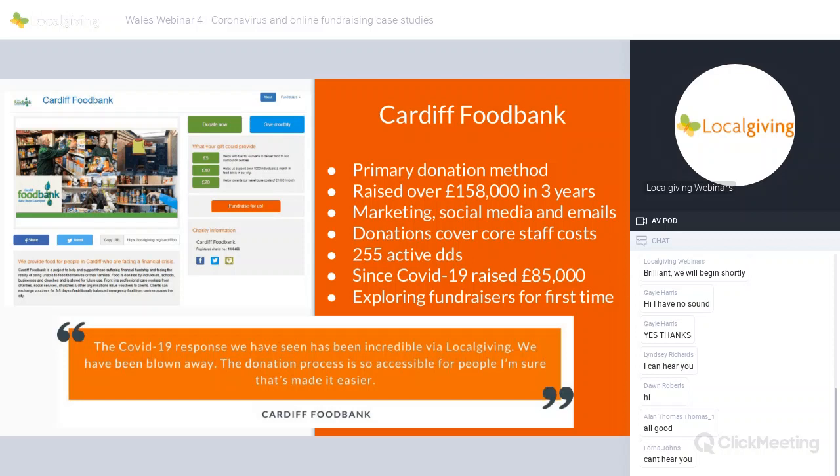They've got to the point now where their online fundraising covers all of their core costs for staff, and they've been able to grow their staff costs as a result of knowing that those initial staff costs were covered.